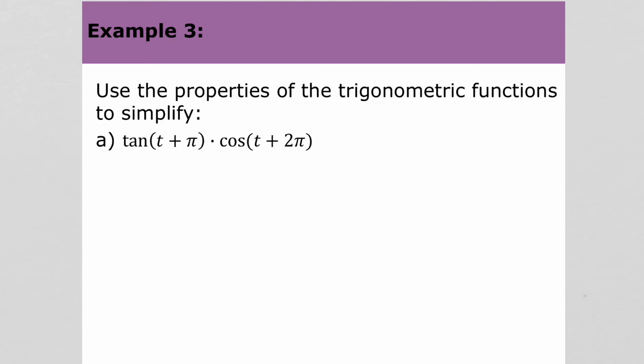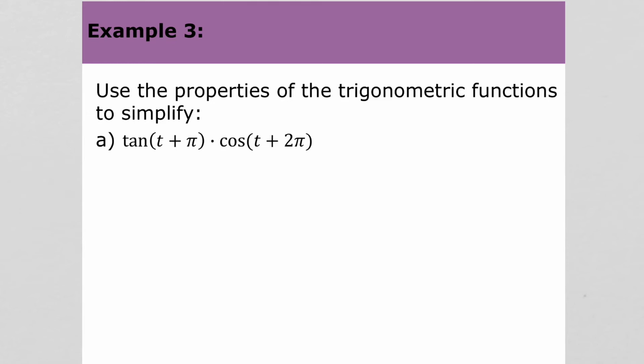For example 3, it says, use the properties of the trig functions to simplify. Okay, so we want to take tangent of t plus pi times cosine of t plus 2 pi and reduce it.